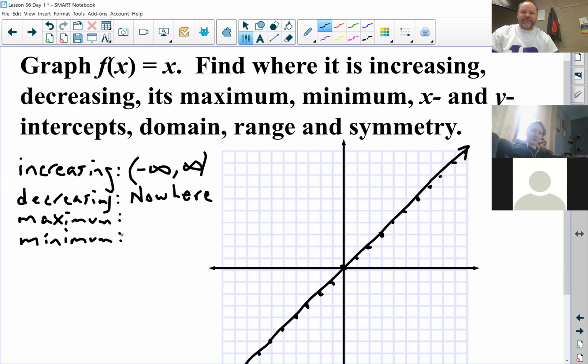But because negative infinity and positive infinity are not actual values, they would not be minimums and maximums. But you've got the right idea. It's going to go off as high as we want it to go and even higher. So in this case, there are not any minimum or maximum values.